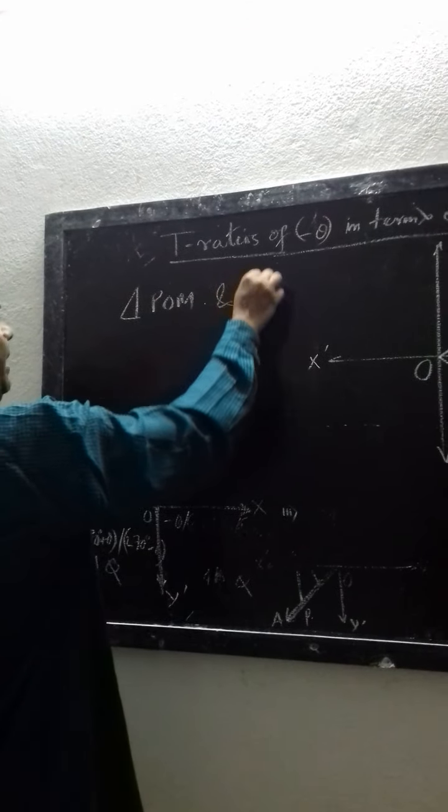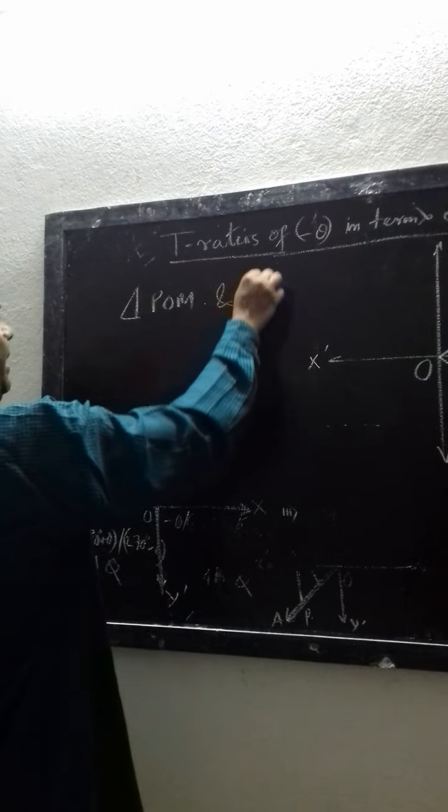Now sine of minus theta, from this figure, MQ by OQ. MQ equal to minus MP and OQ equal to OP. From this figure, MP by OP equal to sine theta. So sine of minus theta equal to minus sine theta.